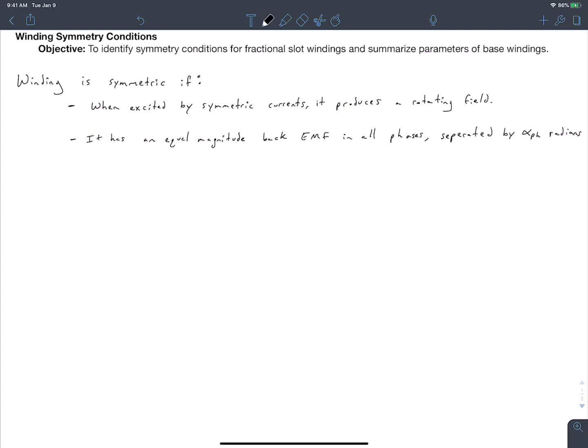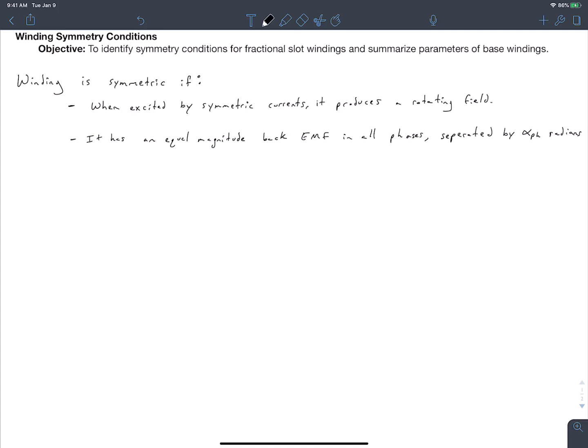So these are the three-phase currents that we've been writing out when we derived our rotating current density and electric loading expressions. So that is to say that when excited by symmetric currents, a symmetric winding will produce a rotating field in the air gap of the machine.